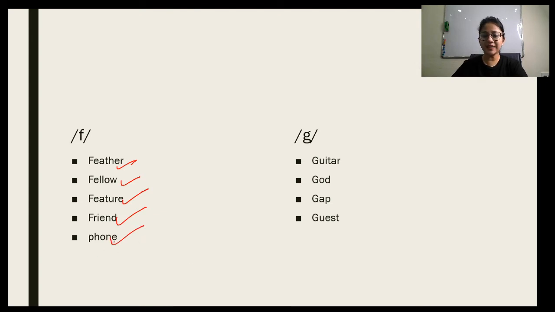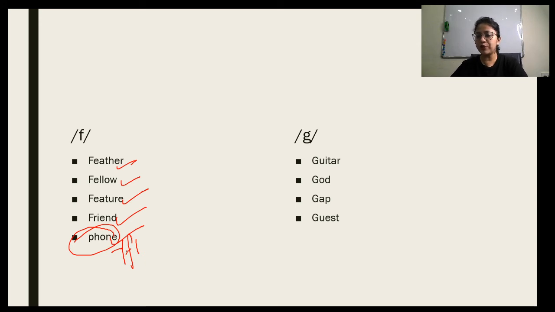You can see that the word out here is PH, but the pronunciation is F. So I hope this is absolutely clear to you that when it comes to pronunciation, there is no guarantee that the spelling and the pronunciation of the word are going to be exactly the same.